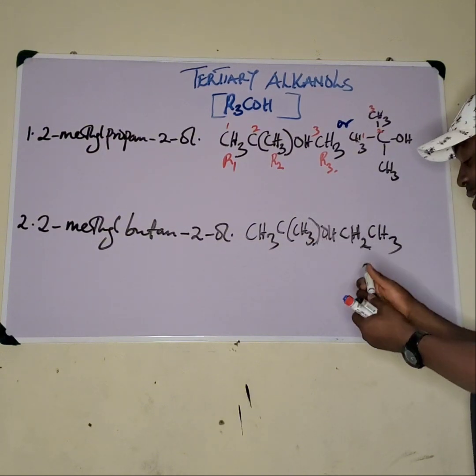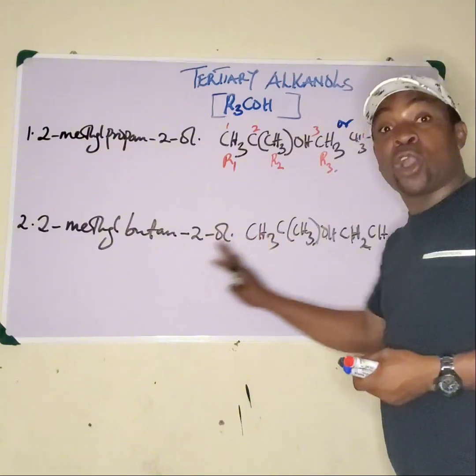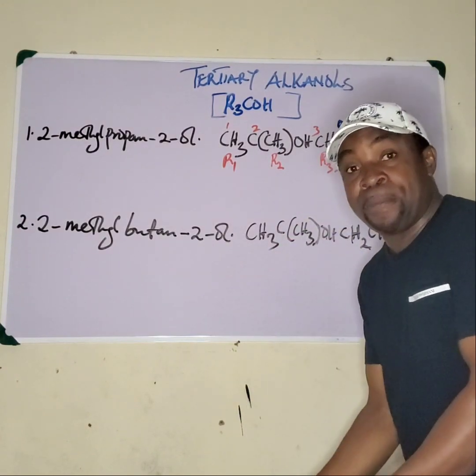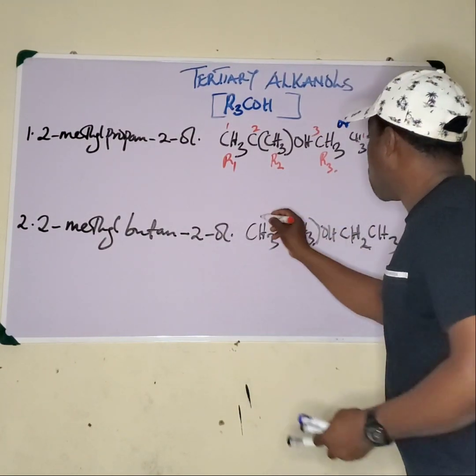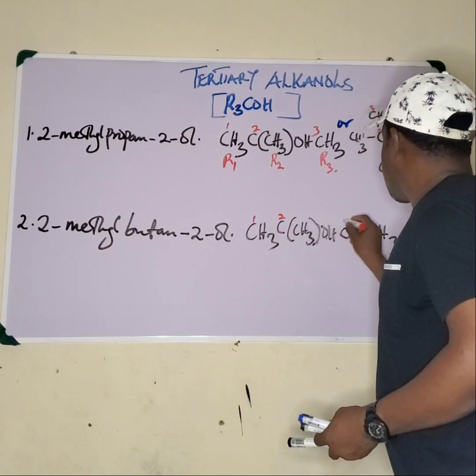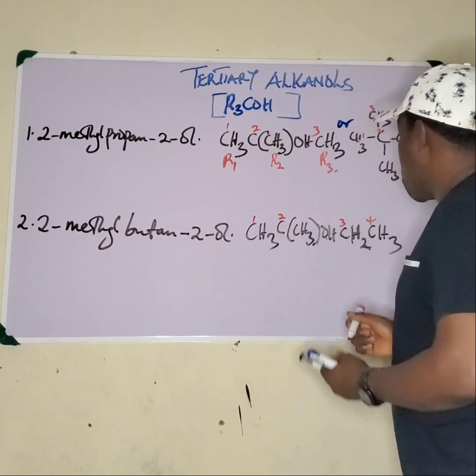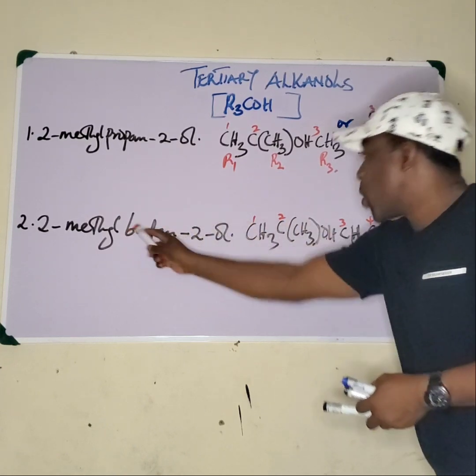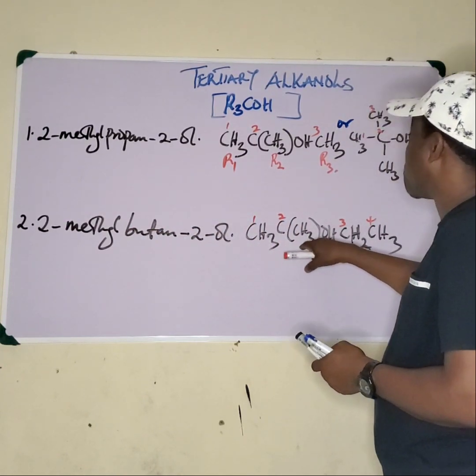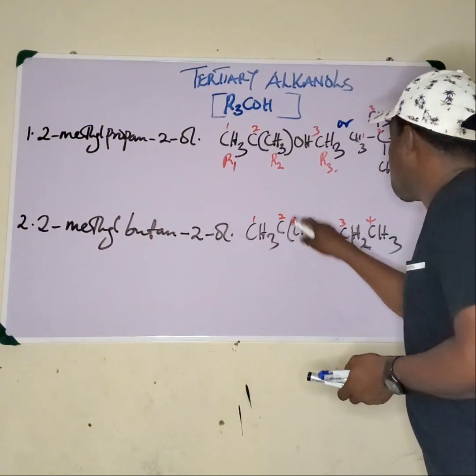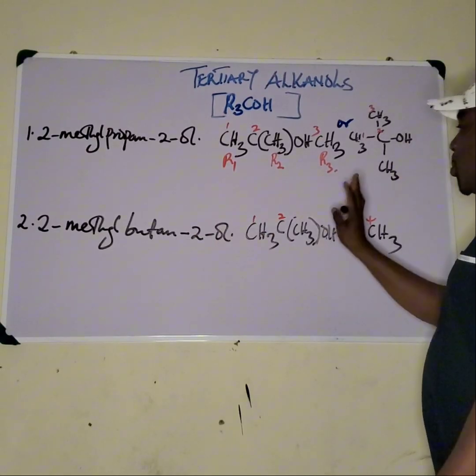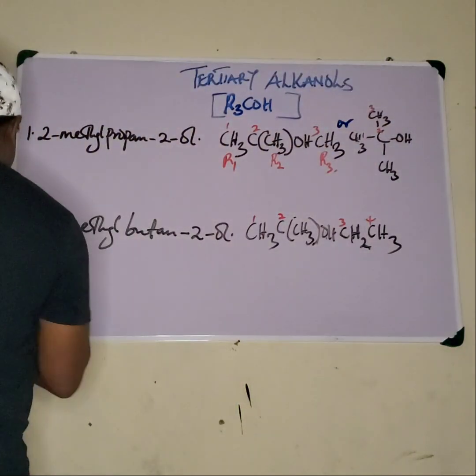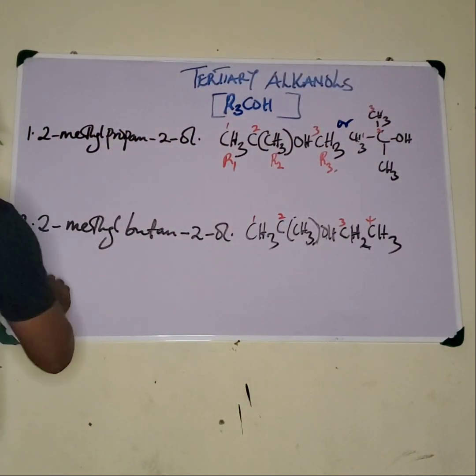This one in bracket should not be counted as the longest carbon chain, okay? Because this one is telling you it is a group. So if you are to name this, we'll have 1, 2, 3, and 4. Now we see that the position of OH and also of the methyl group is 2. So it is 2-methylbutan-2-ol.